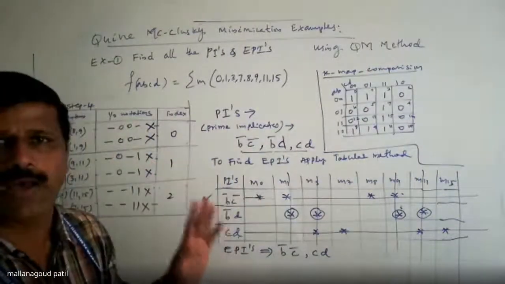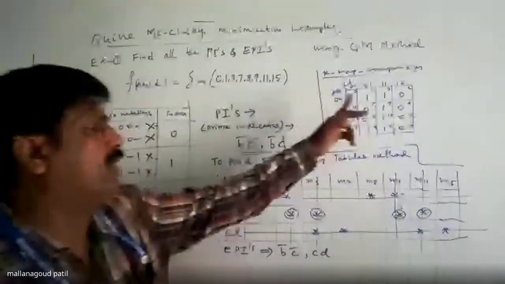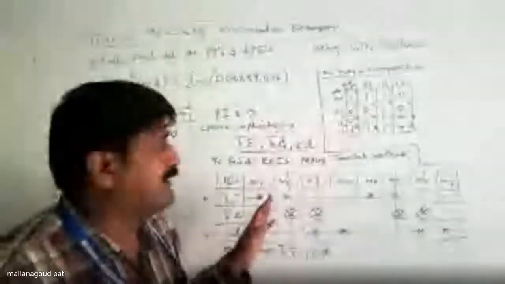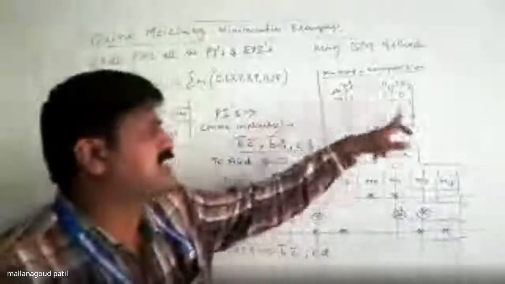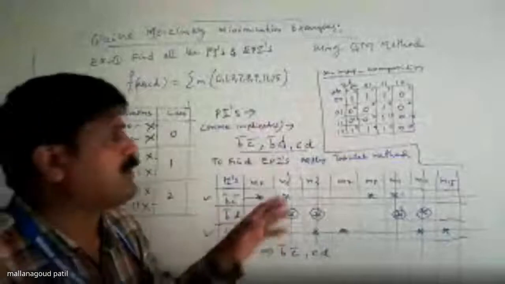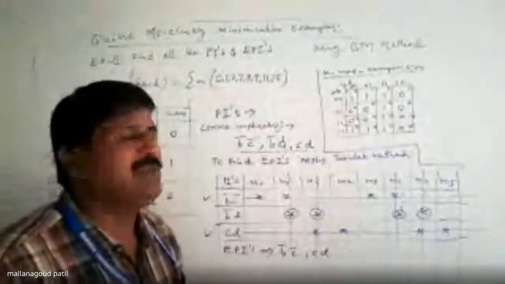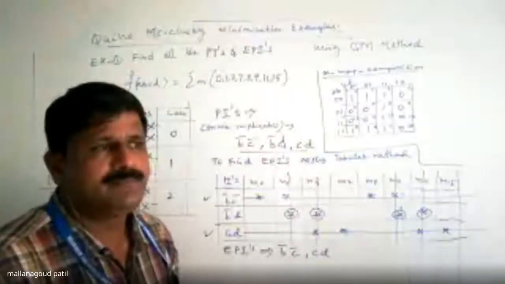What do you do? You make groups. Are all 16 cells 1? No, few cells are 0, so grouping of 16 is not possible. Then is grouping of 8 cells possible? No, all 8 cells are not 1, so it will not provide a grouping. Then you can go for 4. Is a grouping of 4 possible? Yes, sir.